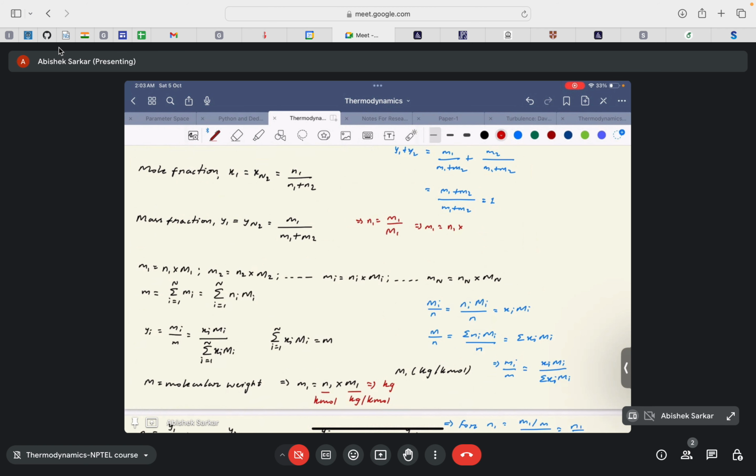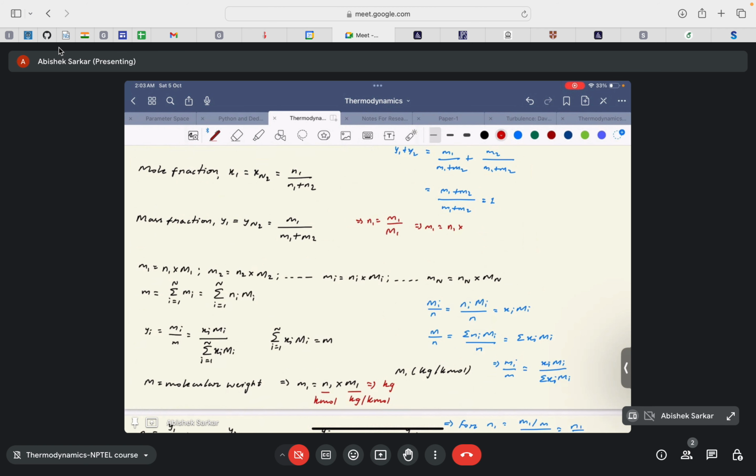Substituting m1 as n1 into capital M1 and m2 as n2 into capital M2, we get that small m would be equal to the summation of ni Mi, where i varies from 1 to n. It's the first manipulation that we have done to the equations that we have in our hand.